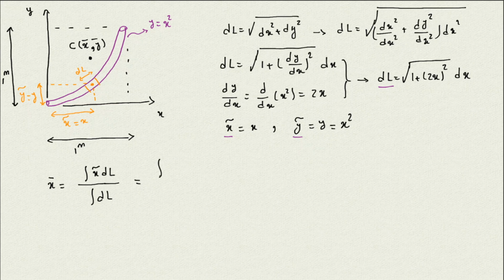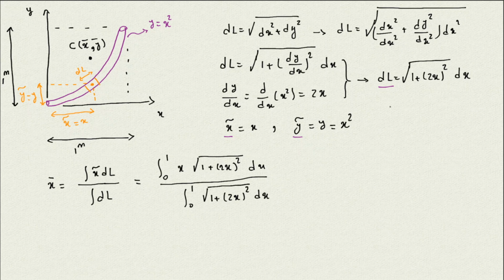So first of all, the integration is over x, between 0 and 1, and then the centroid of the element in the x direction is just x, and the dl is the square root of 1 plus 2x squared, dx, and then you divide by the integral from 0 to 1 of the square root of 1 plus 2x squared, dx, which is dl.